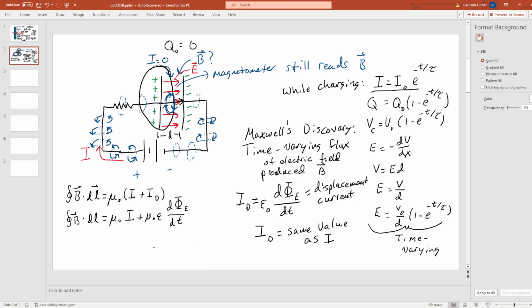And remember, your flux for your electric field is just E dot A. So a differential amount of that is your electric field dotted into your differential area element, dA. Okay, so there is the entire Maxwell's equation for Ampere's law with Maxwell's correction. Okay, so this part is Maxwell's correction.